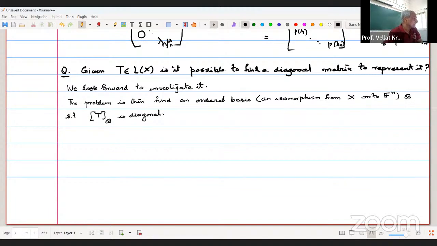Does there exist, an existence problem? We just put it off for the time being. And then we investigate. Suppose it is possible. Then, is there any way to find the ordered basis which facilitates that?